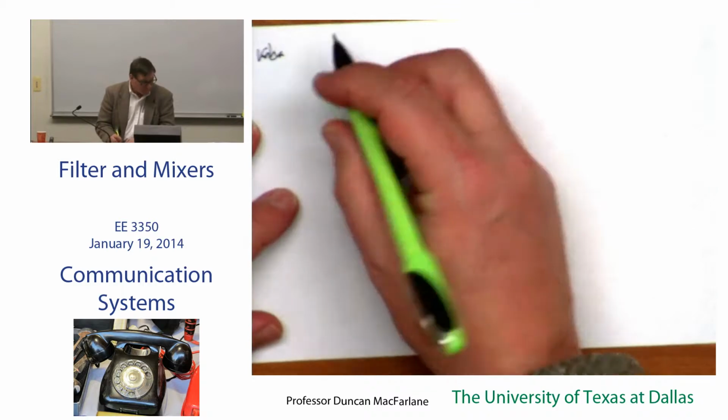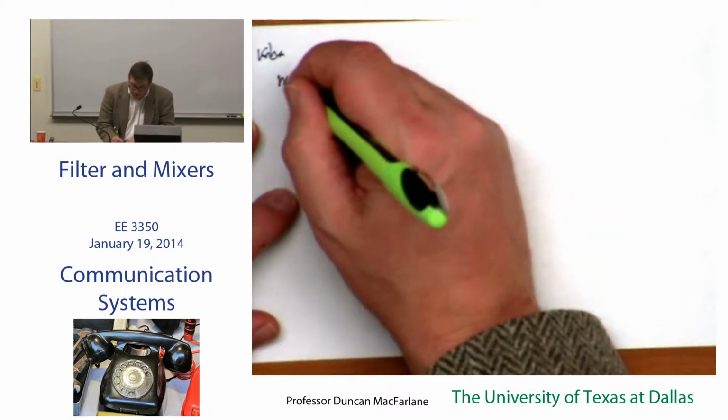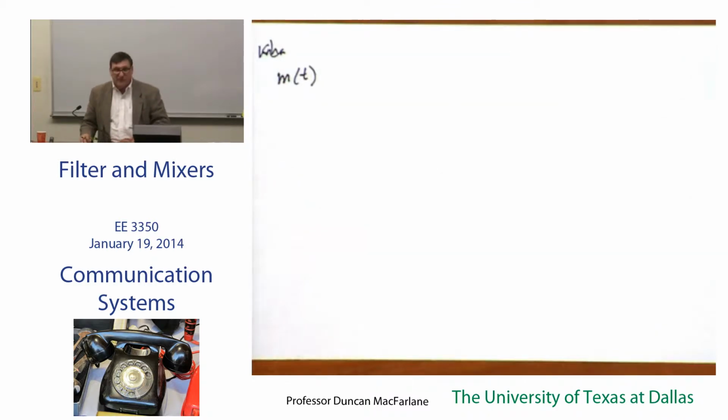Now, the message signal m(t) of my communication system, as I pointed out in the past, is a fairly random signal. If you know what I'm going to broadcast, it's no new information. If I'm reporting the sports scores, you're listening because you don't know who won the game.